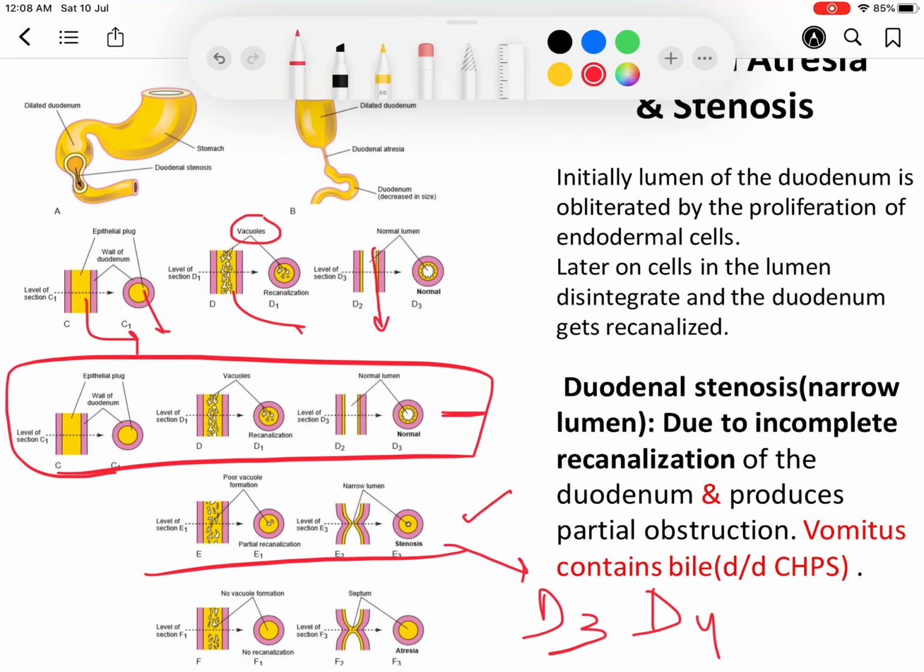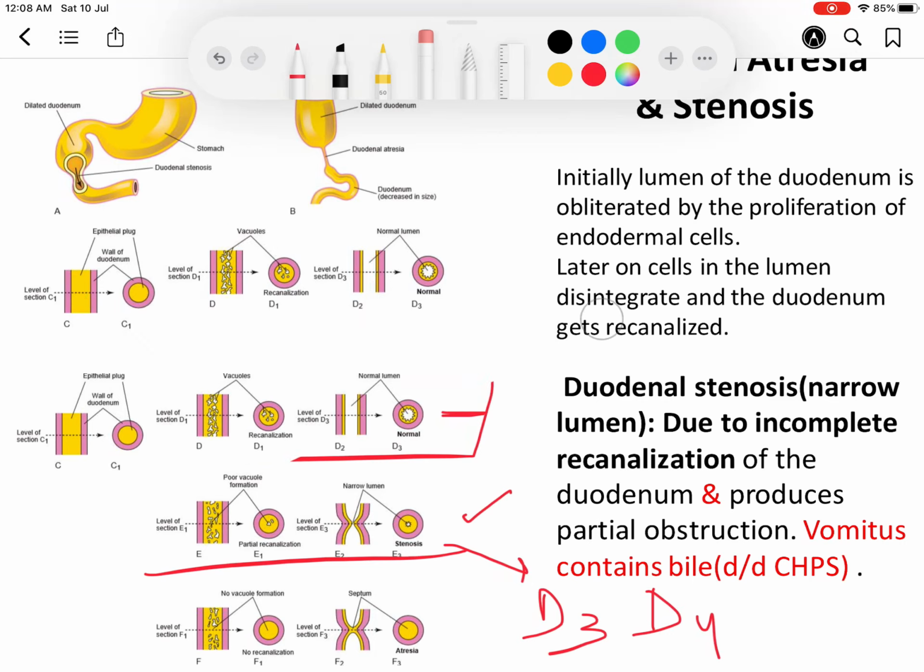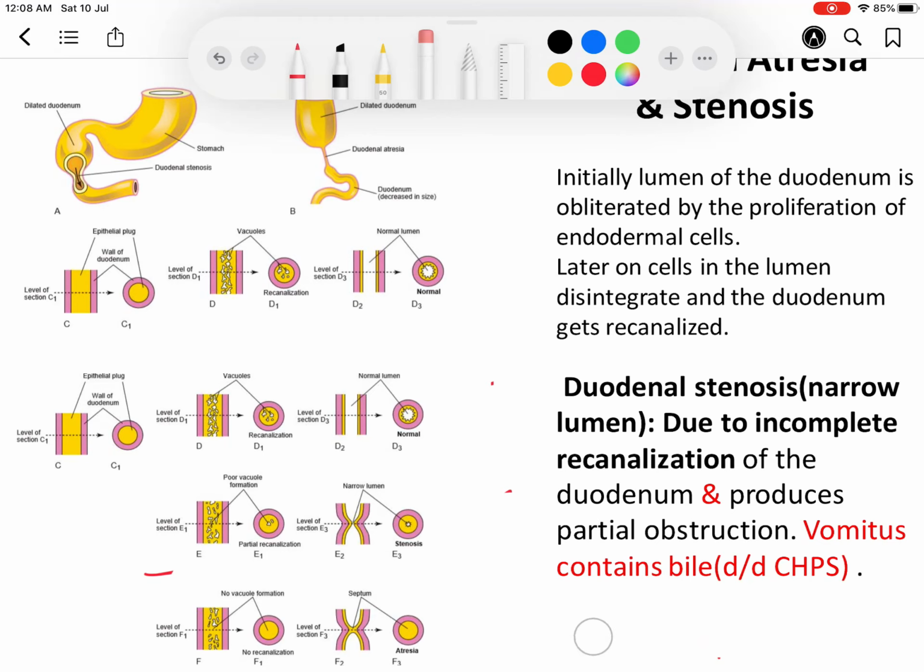So if there is non-bilious vomiting, then it is congenital hypertrophic pyloric stenosis, and if there is vomitus containing bile, then the obstruction is beyond the opening of the bile duct, and most commonly it is due to duodenal stenosis. And this stenosis most commonly is in the third or fourth part of the duodenum.